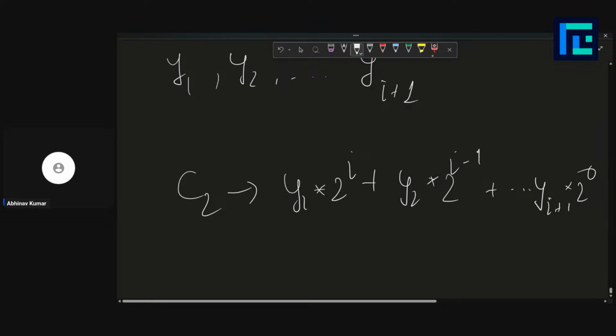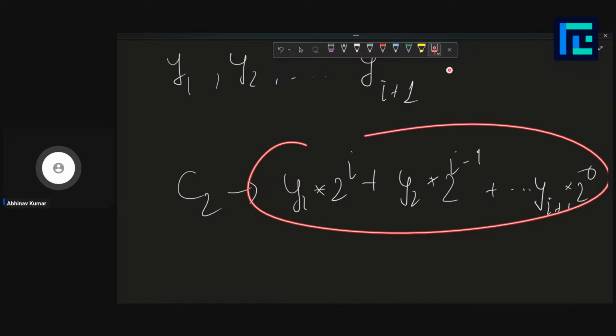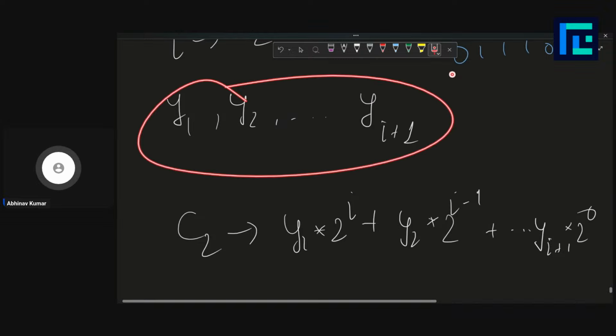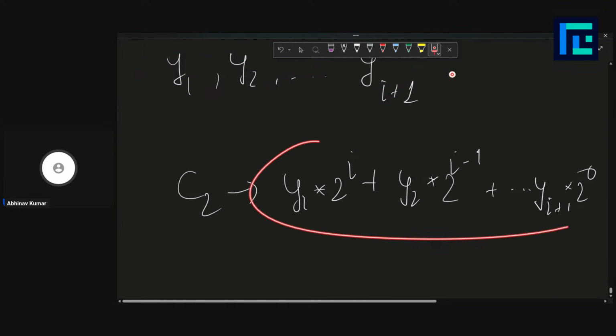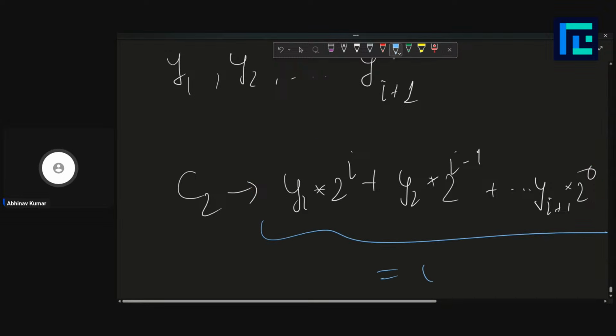Okay. So you have to find some particular array y with minimum value of the sum of array y to satisfy this being equal to k.